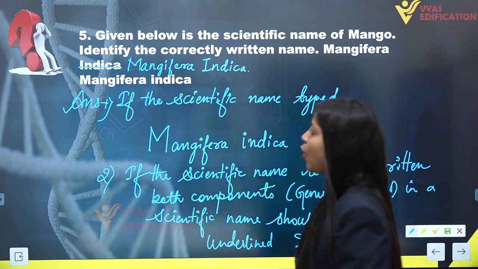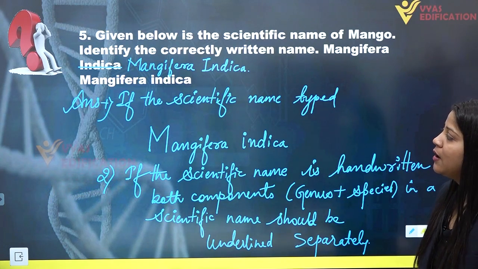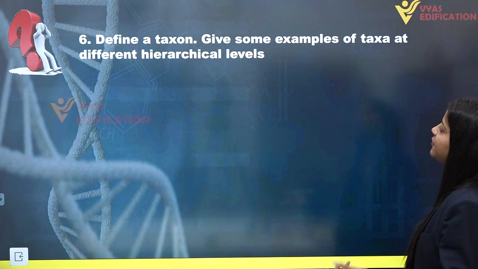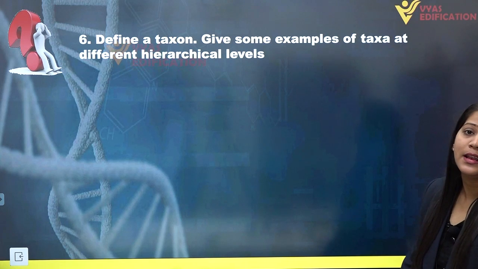So I hope you all got the answer of this question, and this is the complete solution of question number 5. Now question number 6: define a taxon, give some examples of taxa at different hierarchical levels.